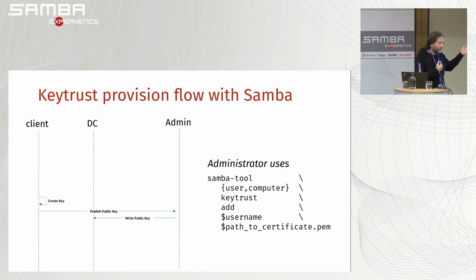There was also a thing we added, which I forgot to make a slide about. The attribute that you're writing these to is called msDS-KeyCredentialLink. It's not a secret attribute, but it's a security significant attribute.